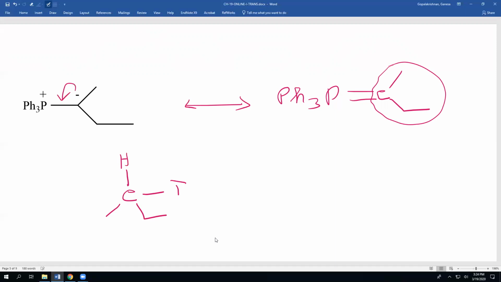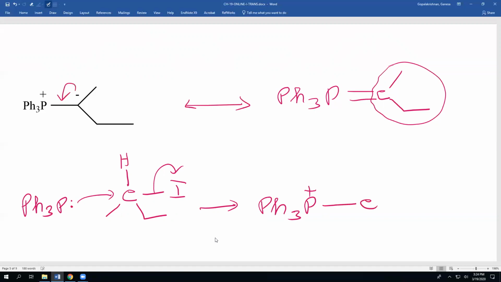I will use the iodine because it is a good leaving group. You can use bromine or chlorine there. So if you see, the rest of it is the old story. It goes on, flip it, and then you have this product. Actually, this is an intermediate, and then this drops the proton and becomes this one.